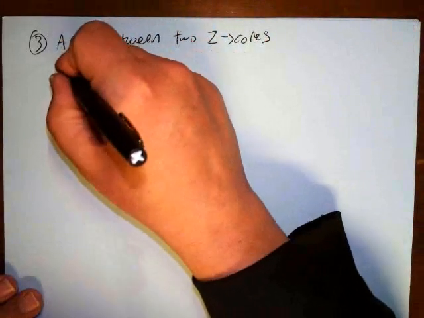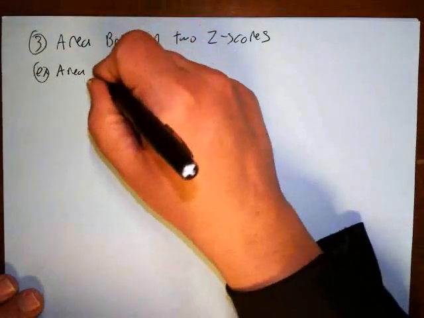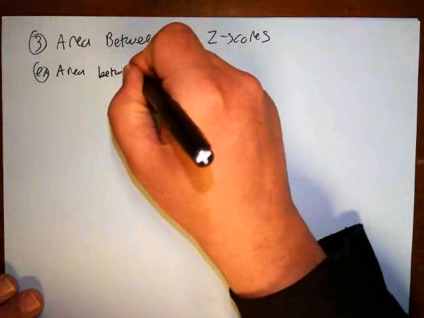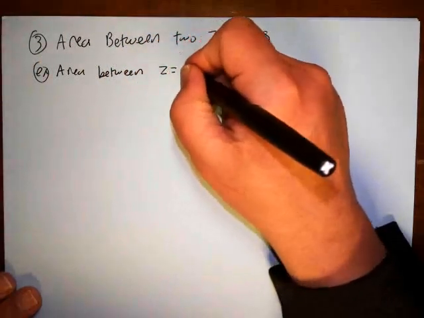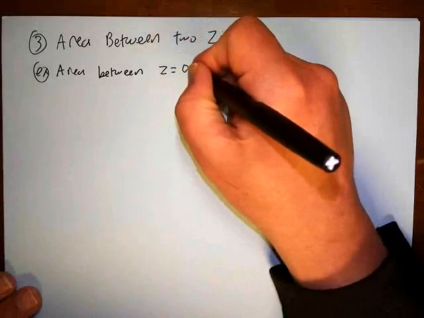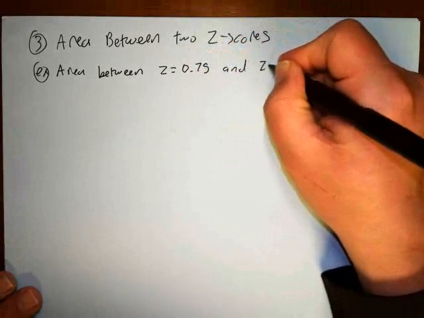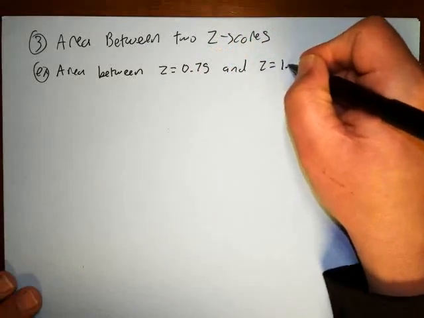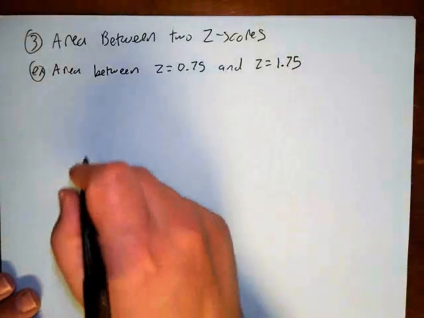Okay, so we want the area, in this example, we'll say area between z equals 0.75 and z equals 1.75.